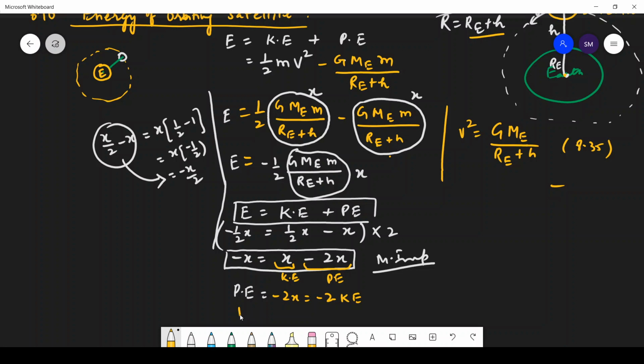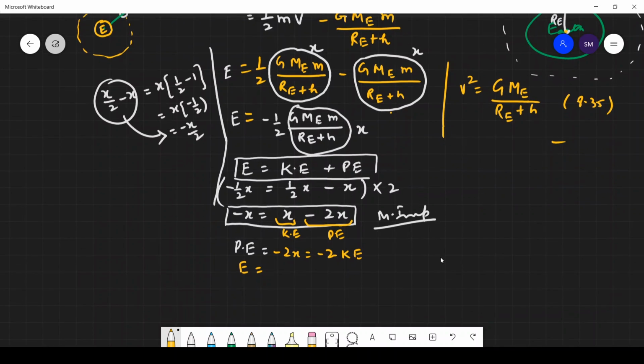And if you want to write energy in the form of potential energy, so energy is equal to this potential energy minus 2x. So energy is minus x, and you can write it in both forms. So energy is minus x, and what is x? Kinetic energy.